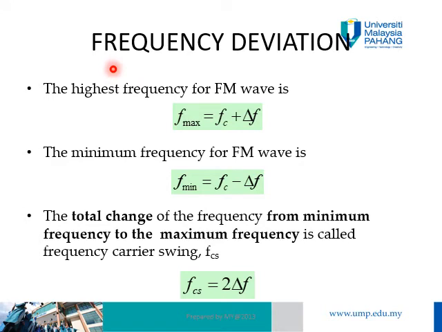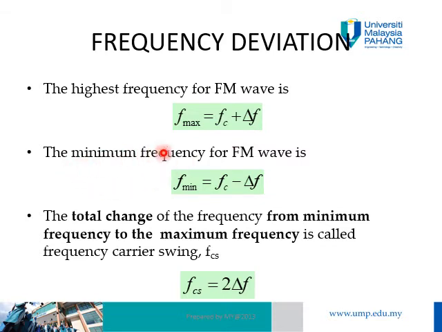So let's see the frequency deviation. The highest frequency for the FM wave is fmax, which is fc, the carrier frequency, plus delta f, the change of frequency.